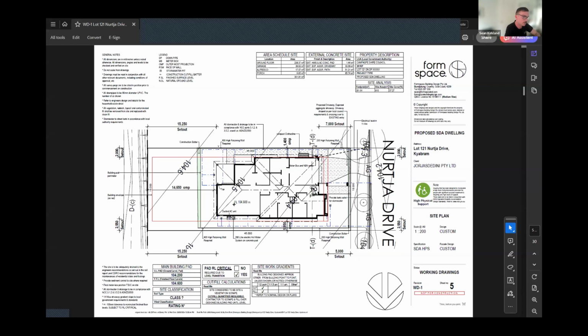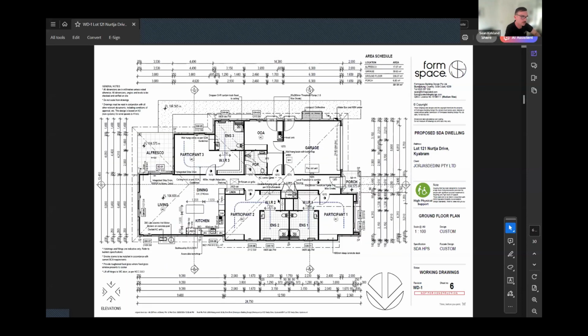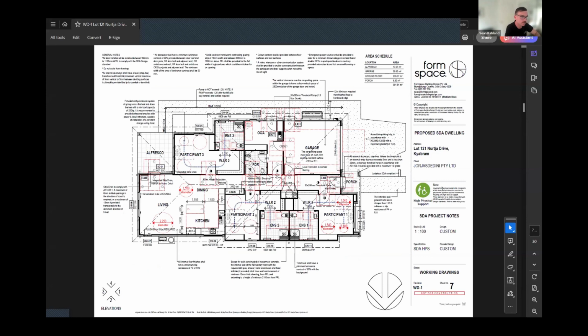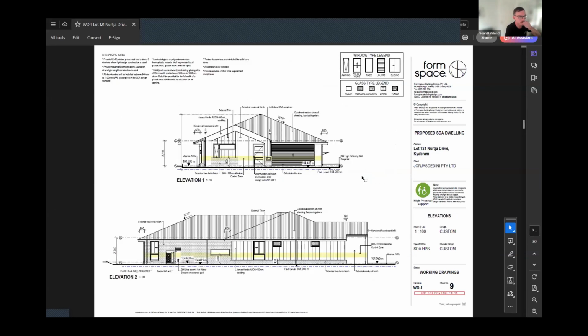So there's a real close relationship between the house siting, the cut and fill extents, levels, and retaining walls to ensure that we get compliance to the street.